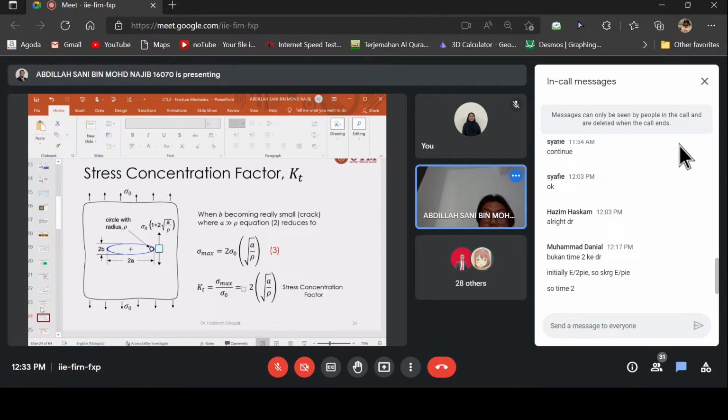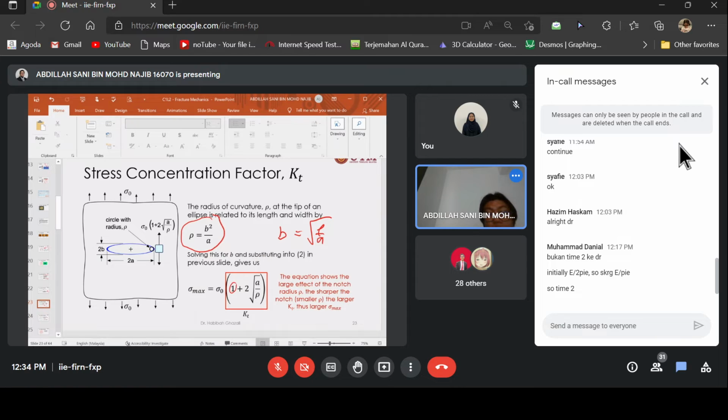When b becomes really small, as in a crack, where b is usually very small, a becomes significantly bigger than rho. Equation 2 reduces to this form, because now we just ignore this term, as this one is big.